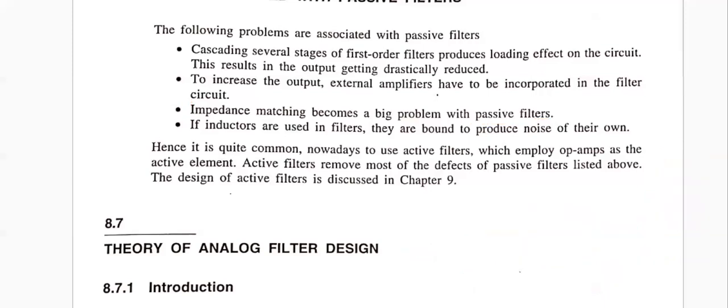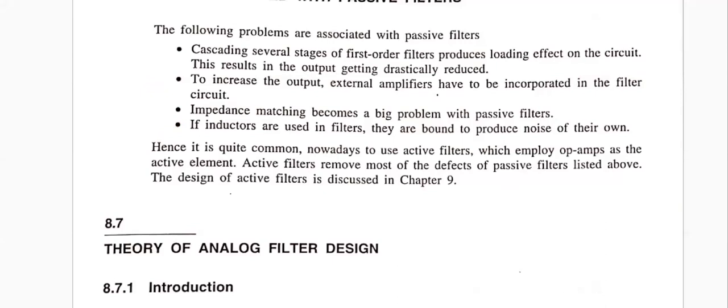If inductors are used in the filters, they are bound to produce noise of their own. These are very simple things, but you need to understand them conveniently, because this is why we need to move from the passive element to the active element.